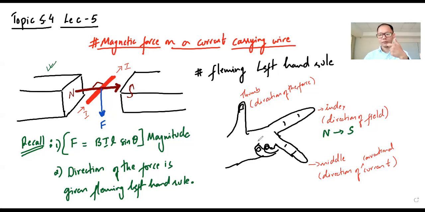And the middle finger is the direction of the conventional current. Conventional current basically means that in a circuit, we choose the positive charge as the flow in the wire.